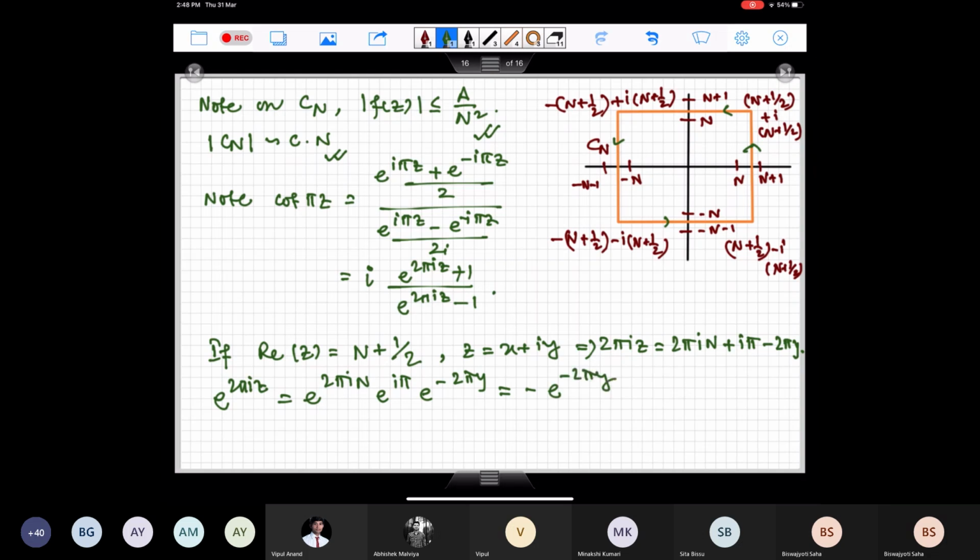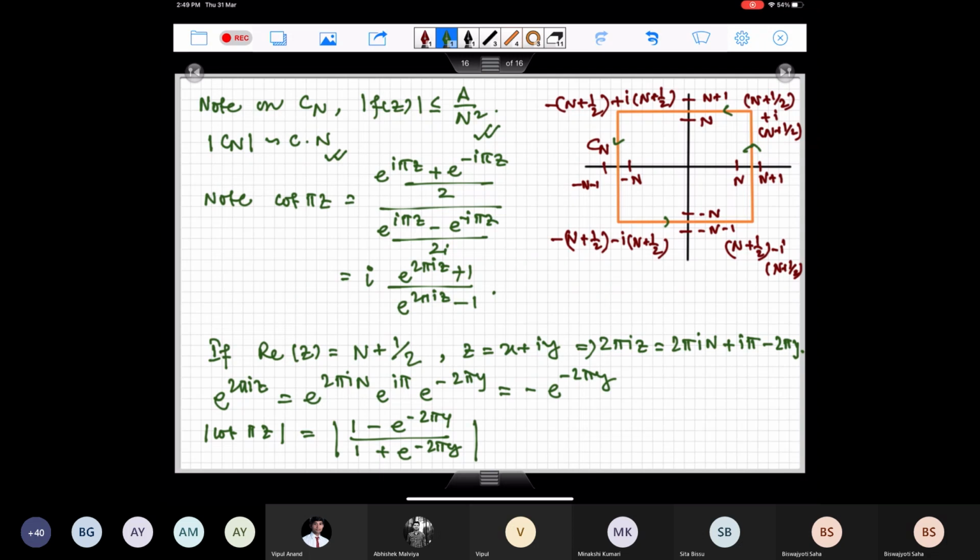So therefore, what is cotangent pi z in absolute value? I has absolute value 1. So this is 1 minus e to the power minus 2 pi y divided by 1 plus e to the power minus 2 pi y. That's the quantity which I have.